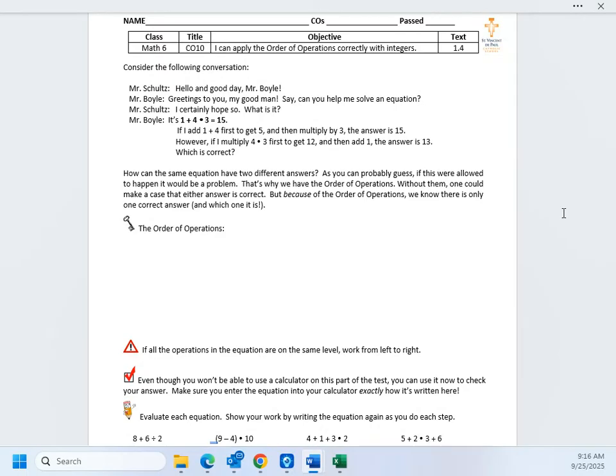So we're preparing ourselves for it now by getting in good habits. Okay, so the way I put it on the board is what you put on your paper. When I write something on the board, it's not just because I'm writing for the fun of it. You write it on your paper.